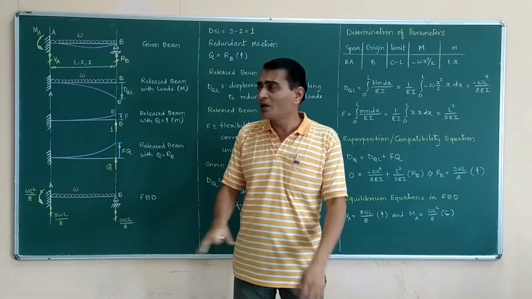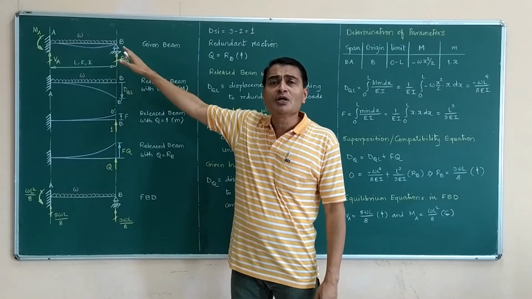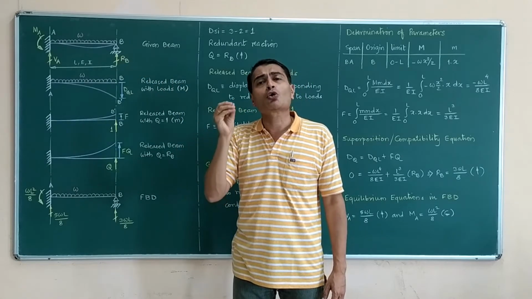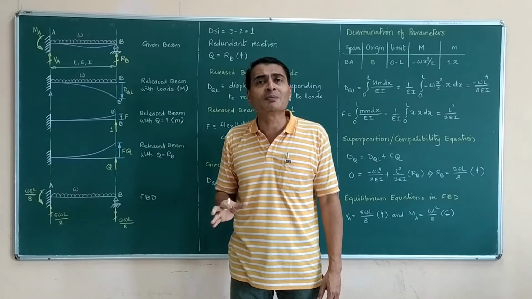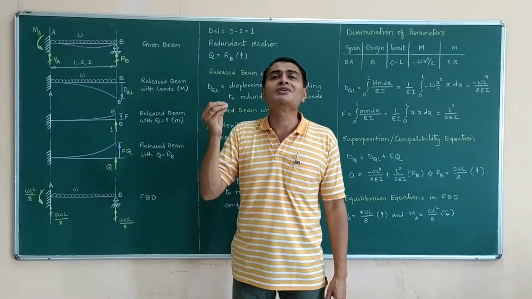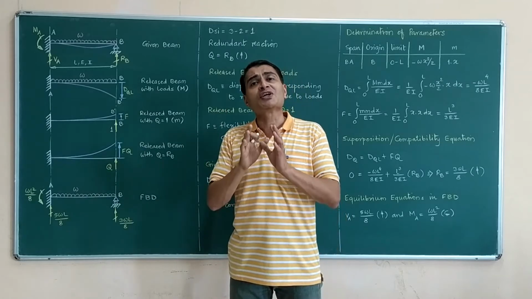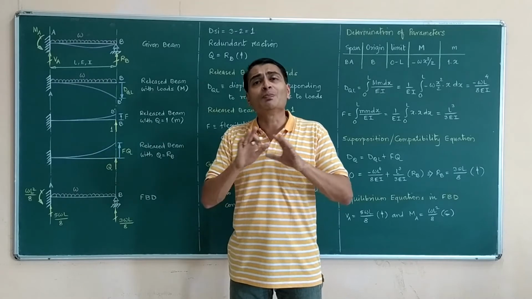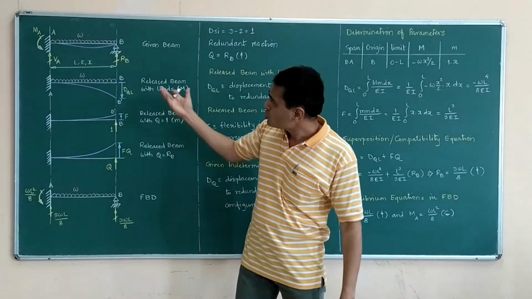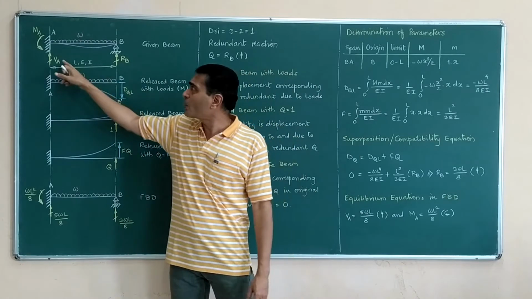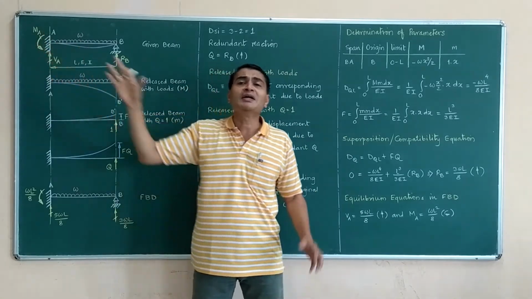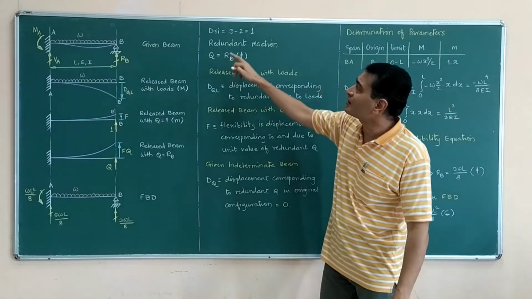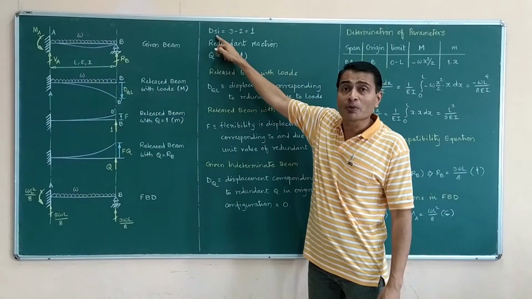So for equilibrium of a beam, whenever horizontal actions are not there, there are only two equations of equilibrium available, sigma M equal to 0 and sigma Fy equal to 0. So yes, I have shown RB, I have shown VA, I have shown MA. This is my given beam, and that is how I start analyzing my problem.